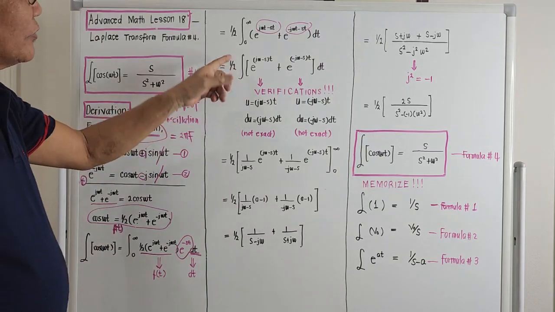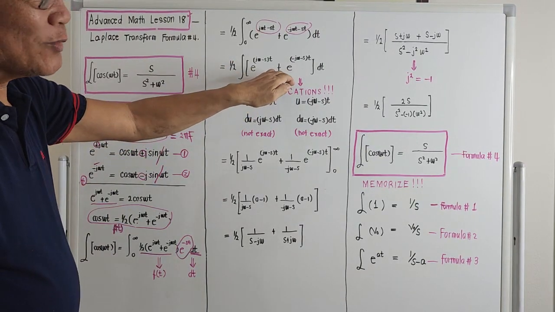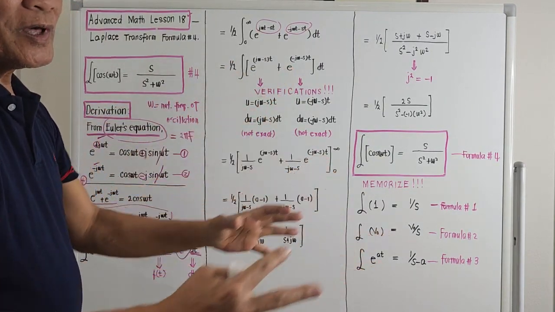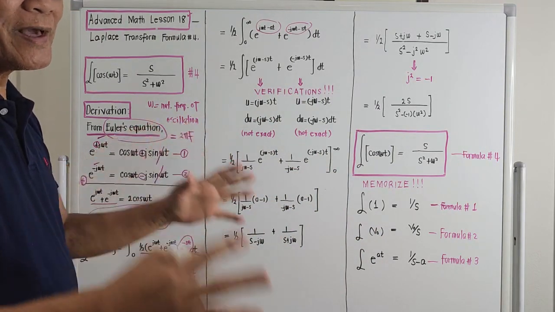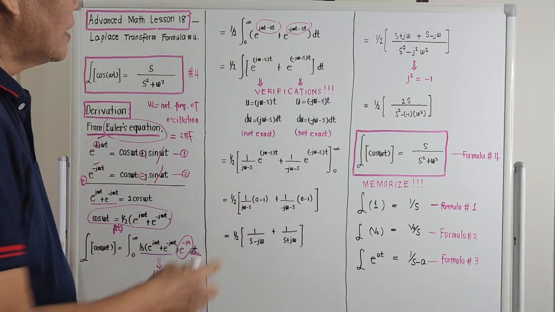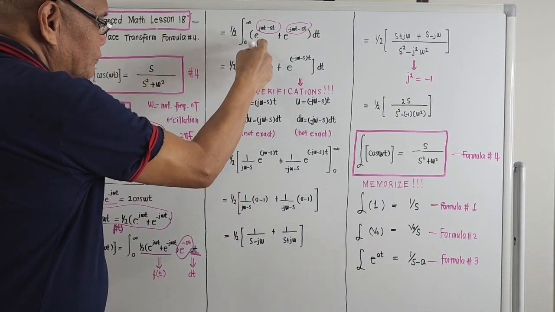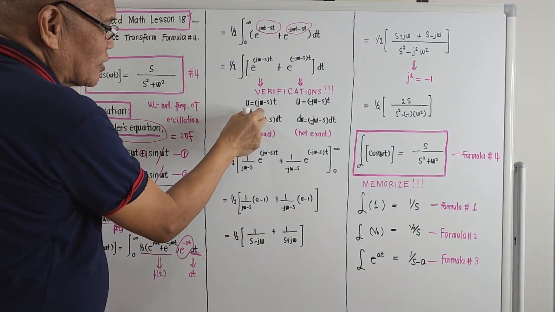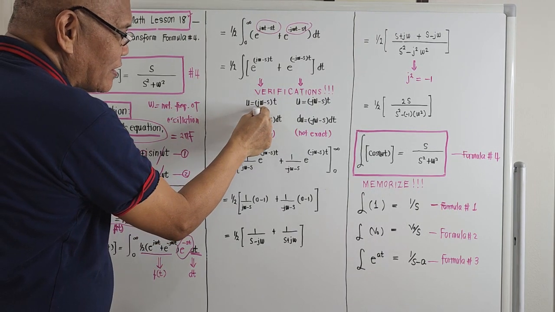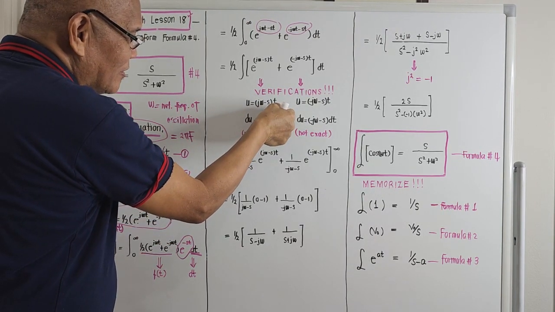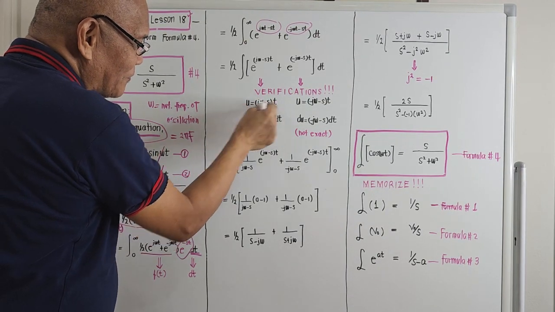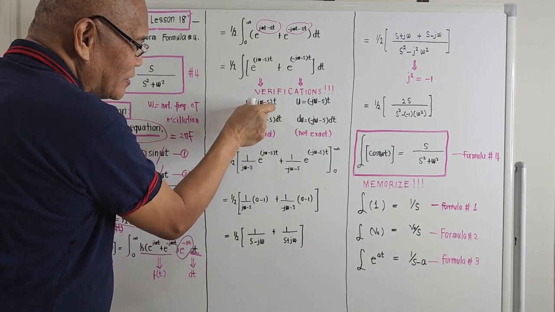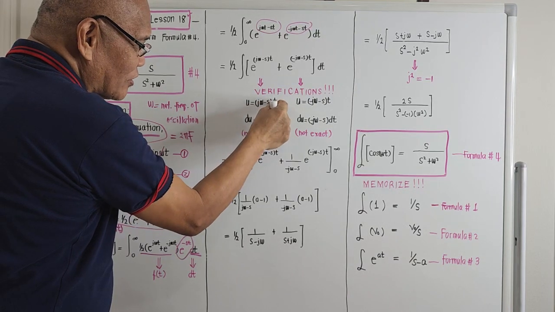And if we try to integrate the first one and the second one, they should fall under the so-called integration of exponential function, but we must bring out the verification. For the first one, the exponent is j omega minus s times t. Omega is constant, s is constant, so if we take the differential, du will be this constant times the differential of time.